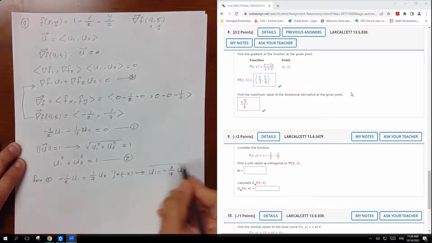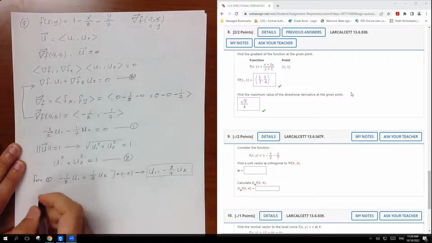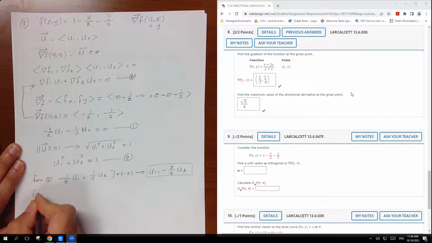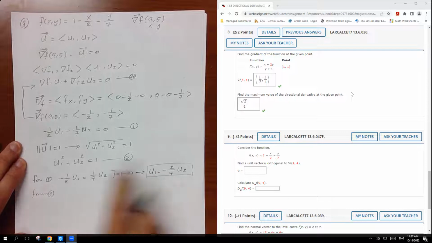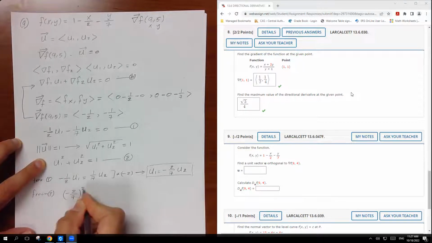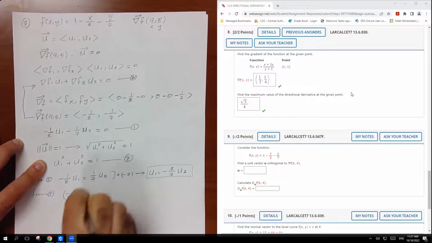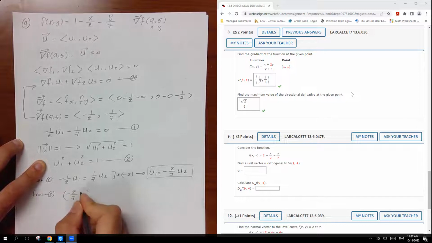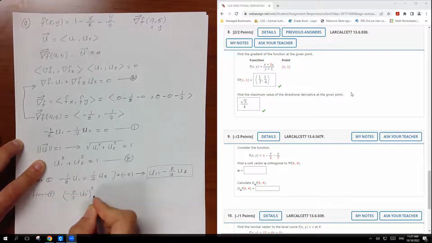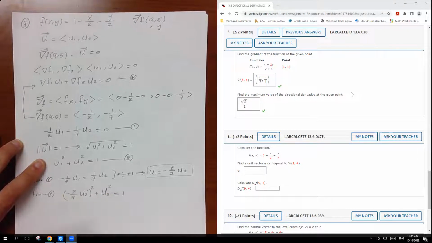Now here is the value of u1. Substitute it into equation 2. We're going to plug in u1 here, so it's going to be negative 2 over 7 u2, squared, plus u2 squared is going to be equal to 1.